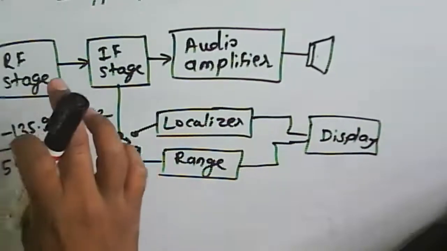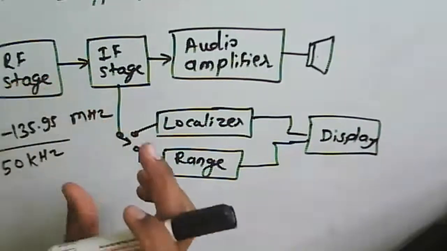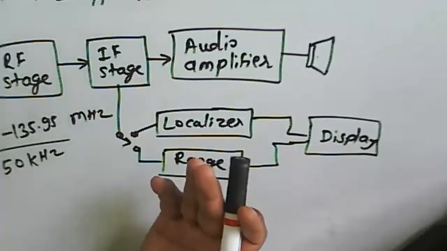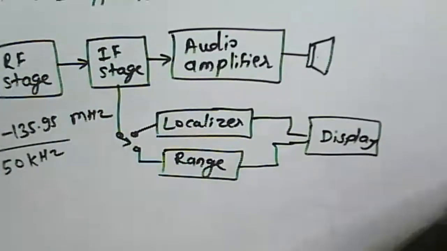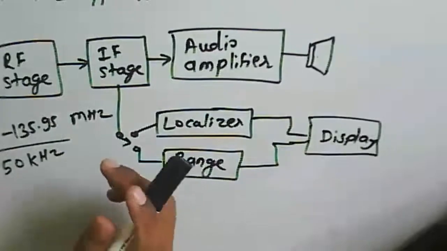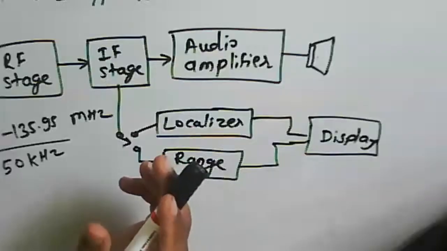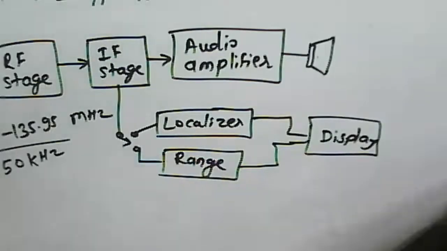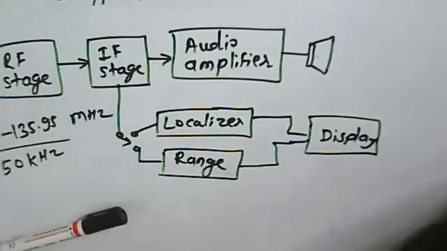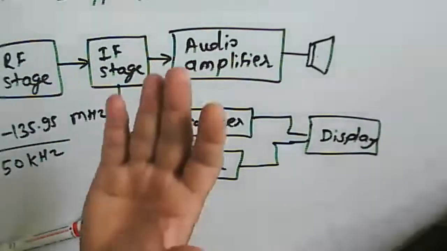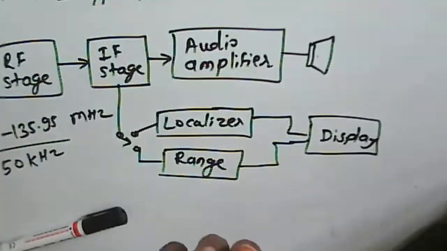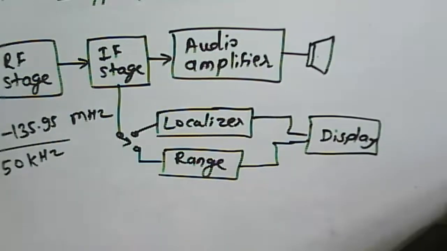But the only difference is that VOR, because it is a ground station, requires calibration. Whatever servo motors and everything are used at the VOR equipment, the signals and everything are to be calibrated there.